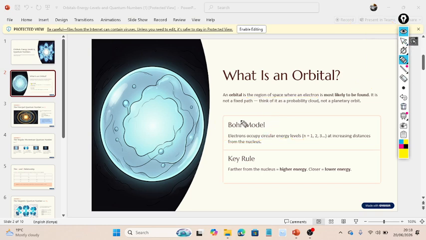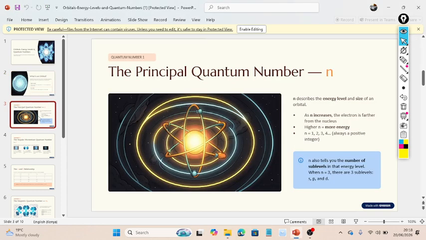Maybe if we can move on to our next slide, we're going to cover the quantum numbers, and we are going to start with the first quantum number. The first quantum number is what we call the principal quantum number.